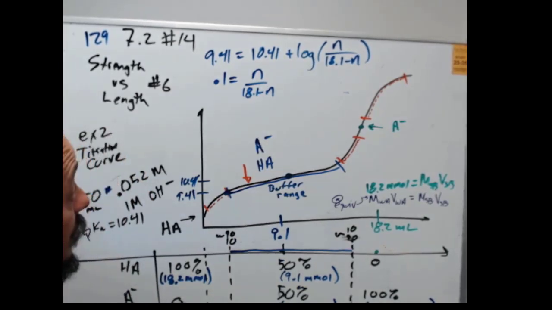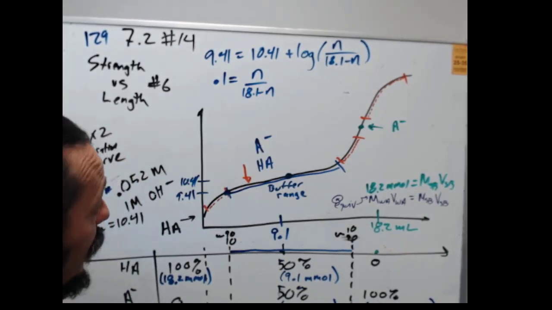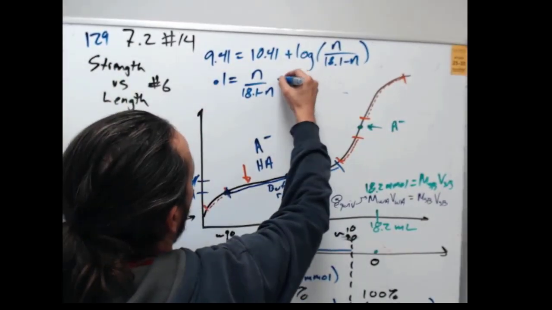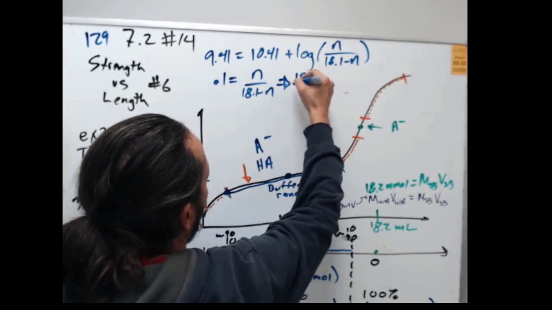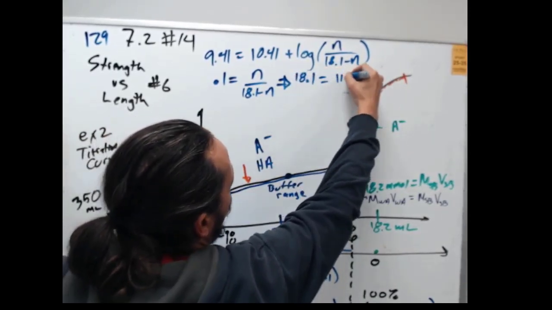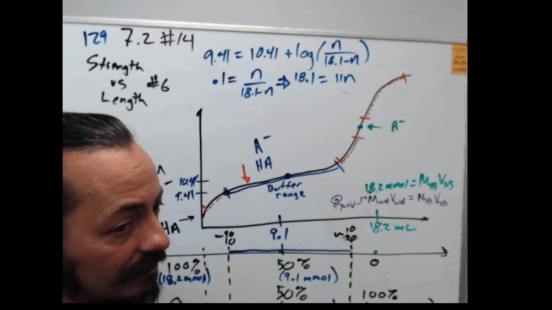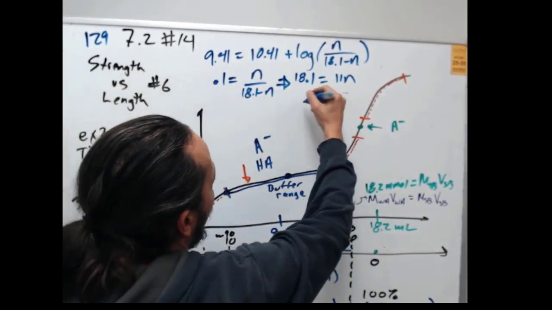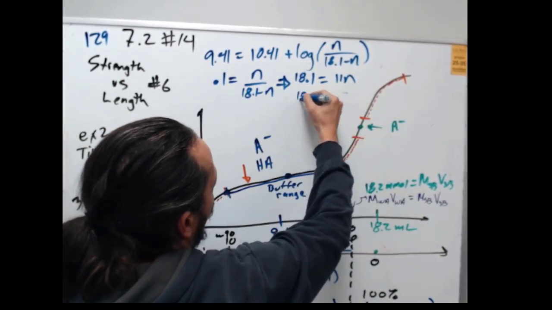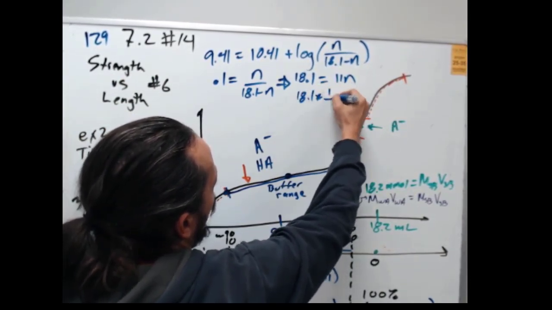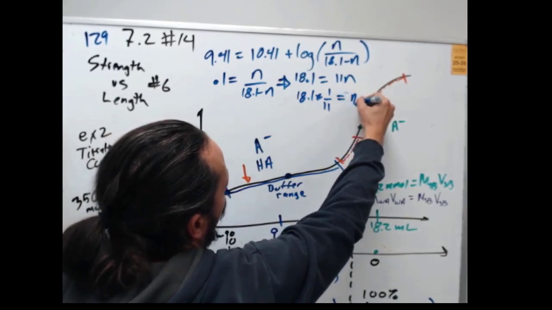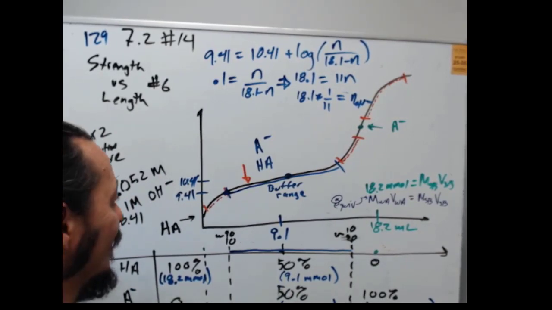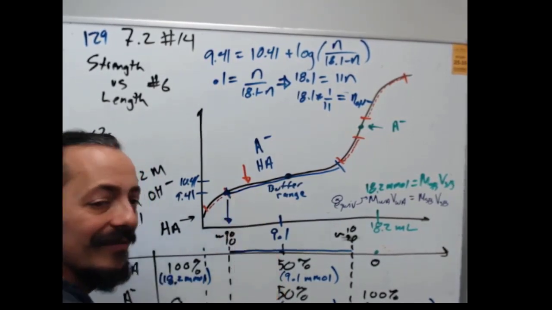I'm going to do a little bit of mathematical rearrangement. I'm going to multiply this over, divide that over, and I'm going to get 18.1 equals 11n, right, because it's 10 plus 1. Then I'm going to get 18.1 times 1/11 equals moles of OH minus. 1/11 of my equivalence point is always here.